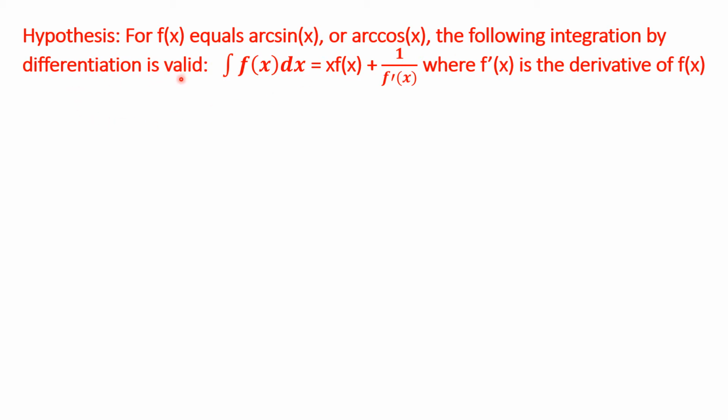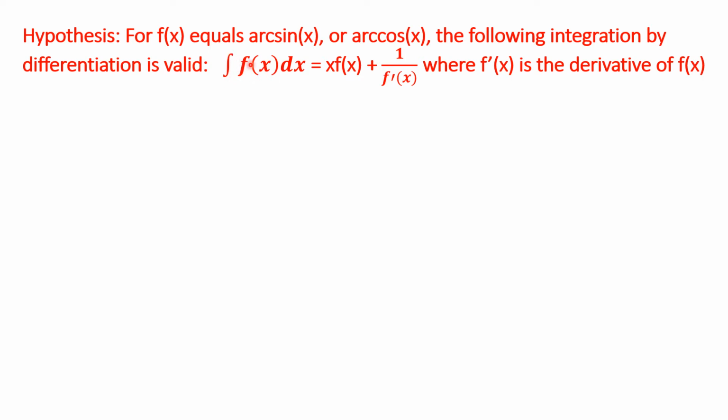We're going to do integration, but we're not going to do any integration. That means we're going to perform integration using differentiation. So the integral of f of x dx, we're going to do using differentiation. And this is our formula.